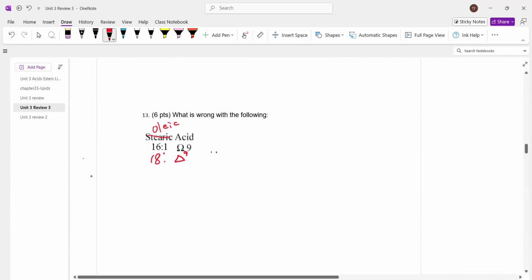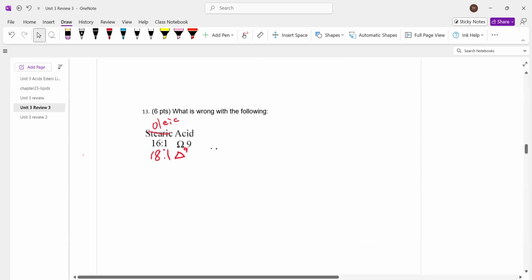We can name it, 16 carbons long, as palmitic acid. We can just rename it palmitic acid as well, only when you have to put the double bond in. So a couple different ways to correct it. And on the test, I would say what's wrong with it and correct it. And there's multiple answers for that.